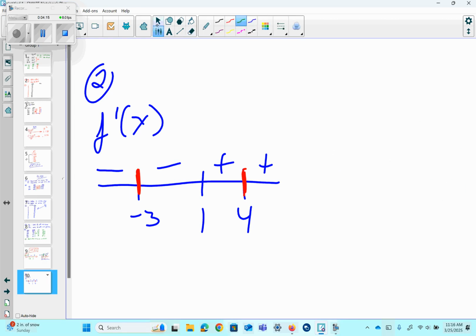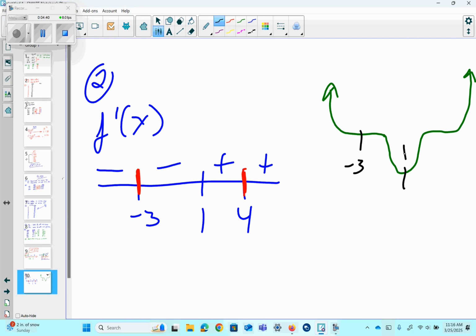All right, so let's draw what it's going to look like, then we'll put it in. So we're going to have something like that, and down, and back up. So something like that. Okay, let me see. Did I do that right? So at -3, you have a point of inflection.